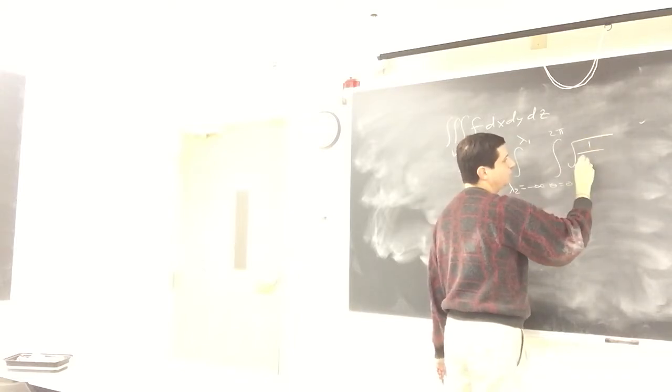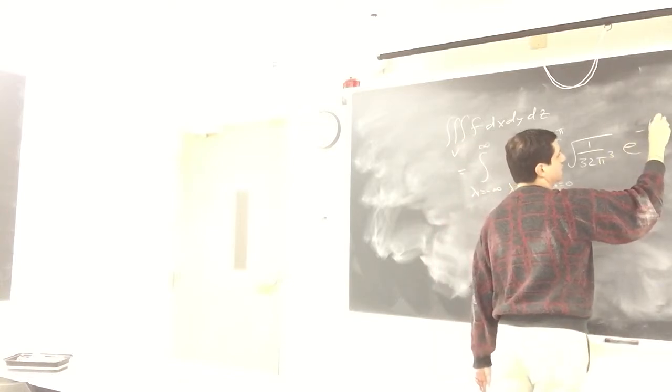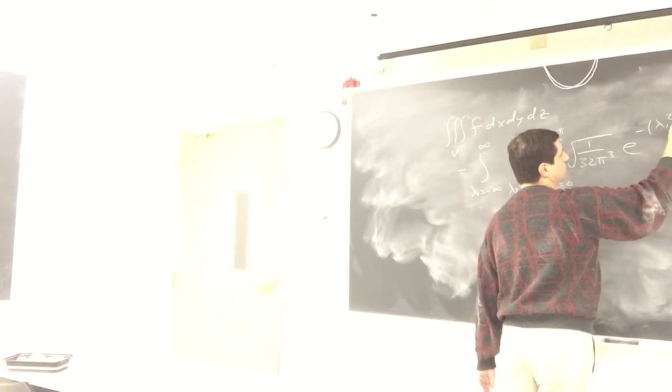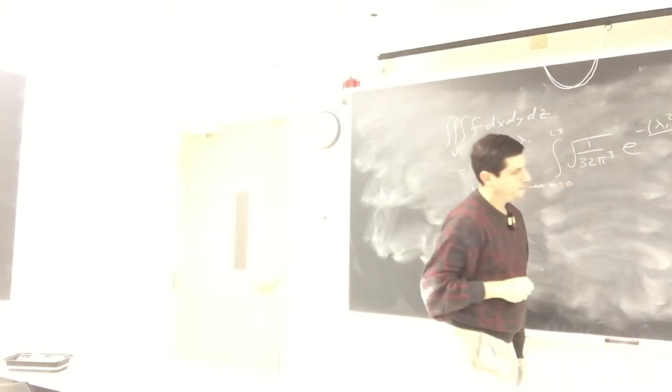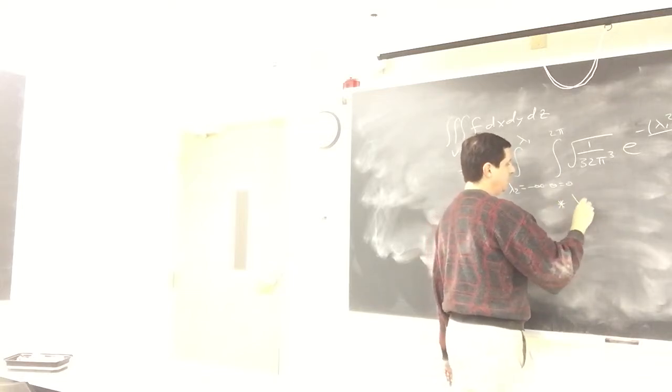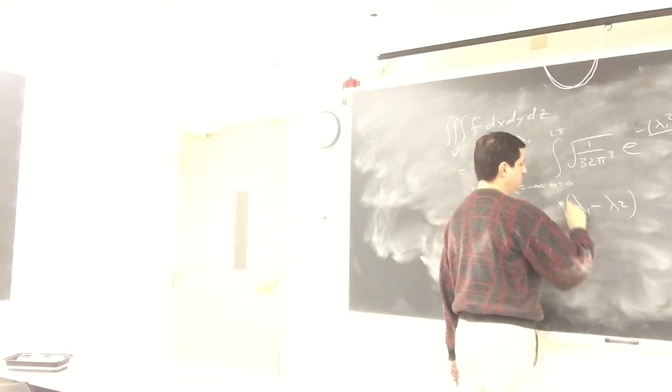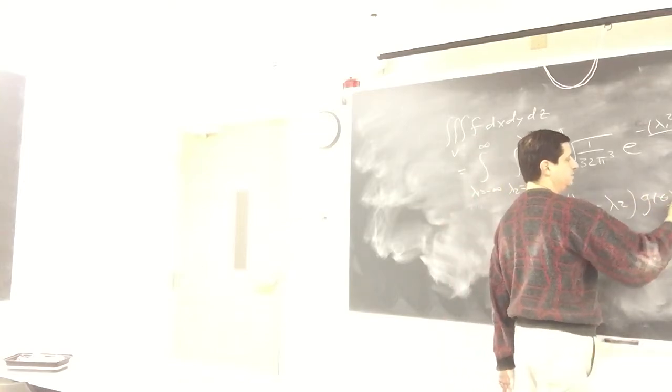And then we'll have our constant with the square root of 1 over 32 pi cubed e to the negative lambda 1 squared plus lambda 2 squared over 4. And now we multiply by lambda 1 minus lambda 2 g of theta d theta d lambda 2 d lambda 1.